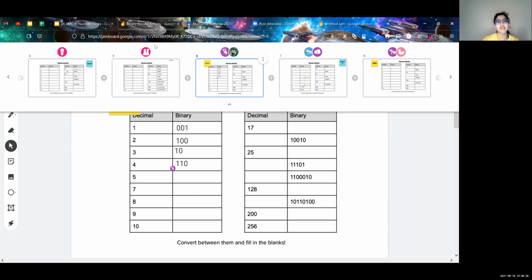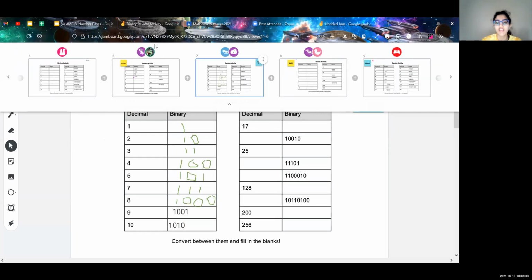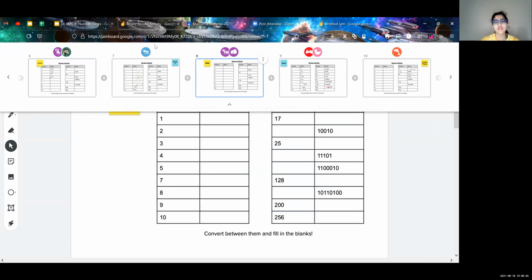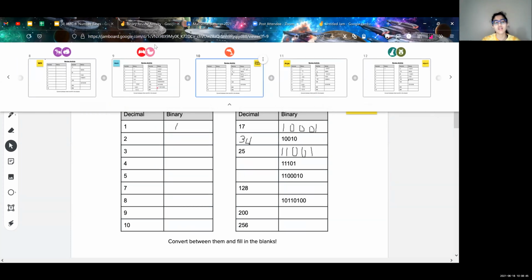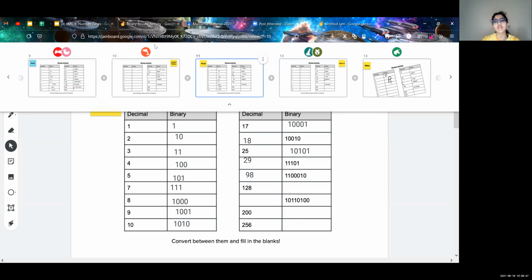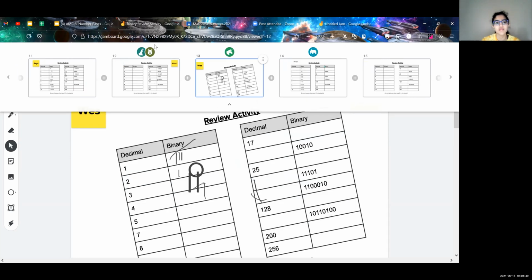Okay, so I see that some people have not completed the left column, they're just starting on the right column, and that's okay. But the left column is significantly easier because the numbers are smaller. So if you have not done the left column, it'll be easier for you to do them.